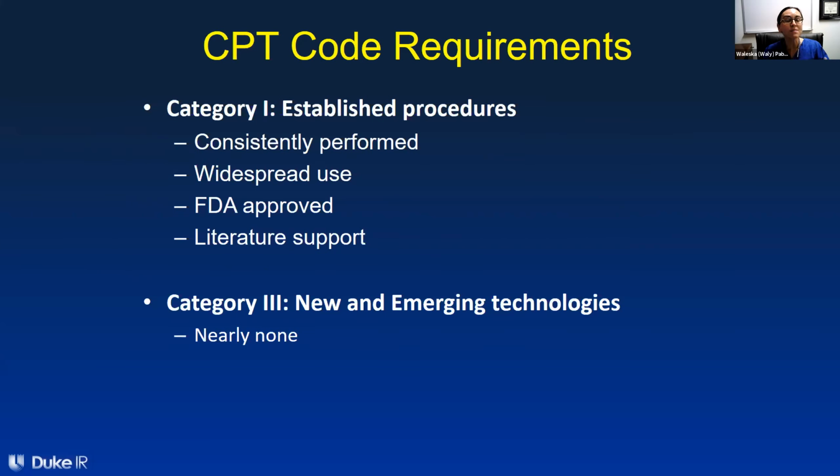And there has to be a certain degree of literature support. So that application is submitted with all the supporting documentation. For Category 3 codes, which are the new and emerging technologies, there are nearly no requirements. It's just the application.